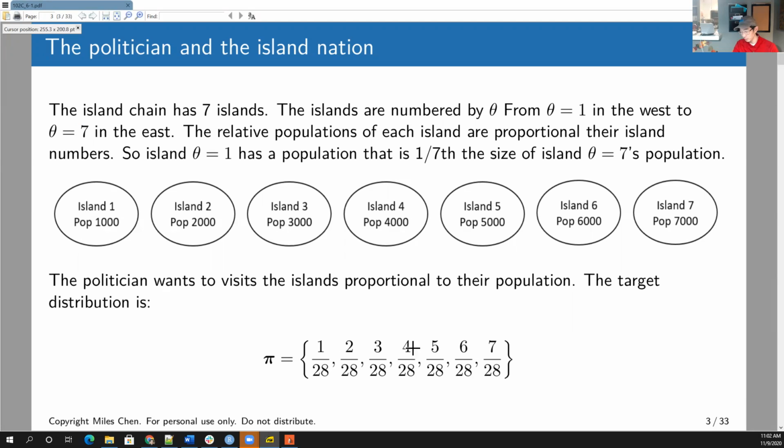The target distribution is 1/28, 2/28, 3/28, all the way up to 7/28, because the islands are numbered 1 through 7 and their populations are proportional to their island number. Island 1 has a population of 1,000, island 7 has a population of 7,000, and basically a quarter of the island nation's population lives on island 7, whereas only 1/28 live on island 1. This is our target distribution.